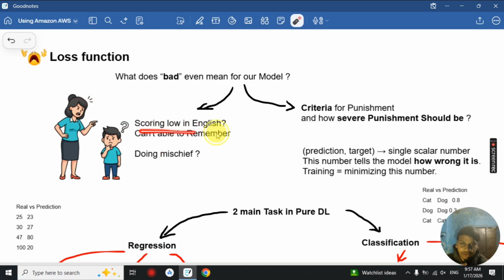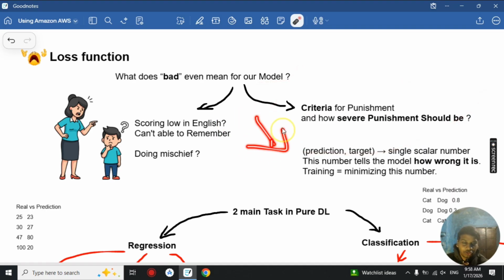Is it scoring low in English, or not being able to remember the numbers, or doing mischief? Basically we are telling what is considered bad. In deep learning, it is basically the criteria for punishment, and how severe the punishment should be.